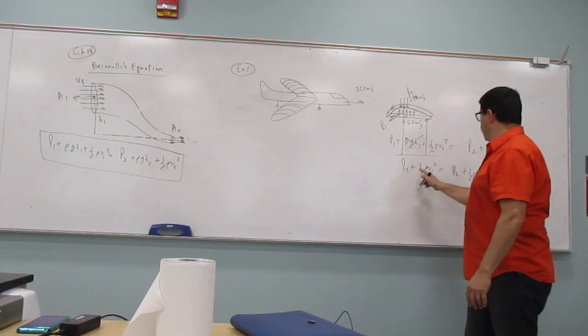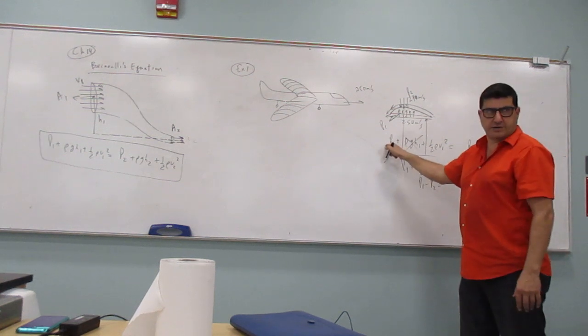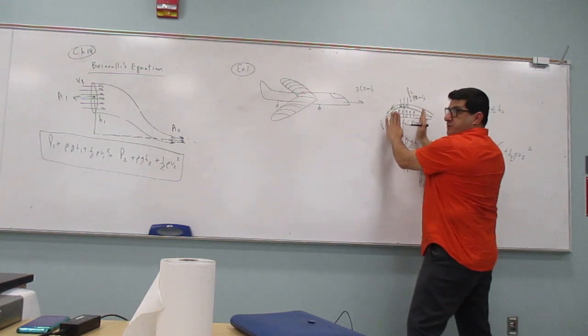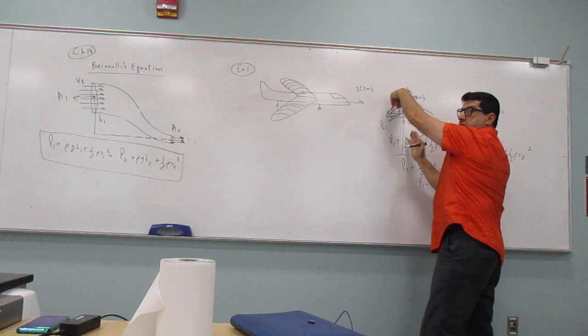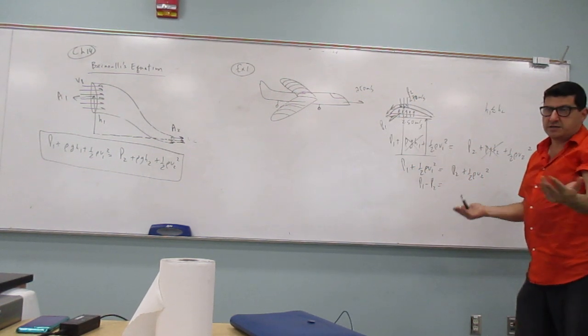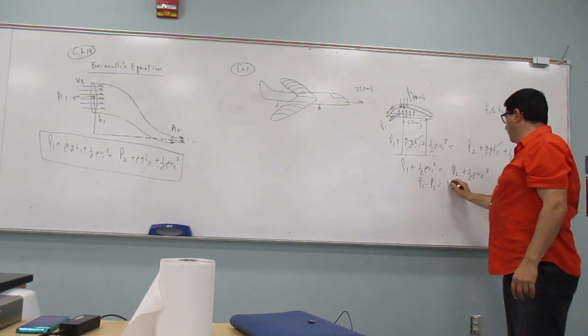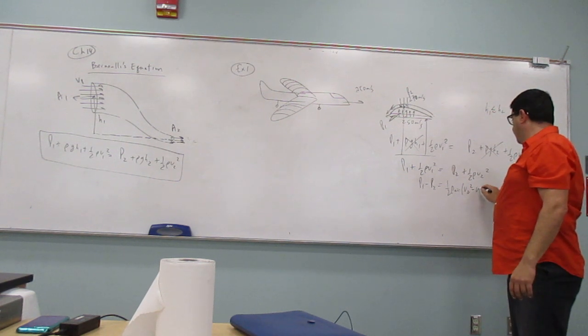So P1 minus P2, which one is going to be the larger one? P1, right? P1 minus P2 is the pressure from the bottom minus the pressure from the top. So should that be a positive number? Yes, because there should be bigger pressure pushing up. So then that's going to equal half density of air times v2 squared minus v1 squared.